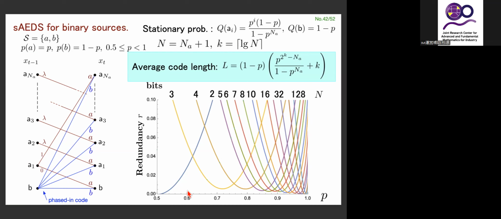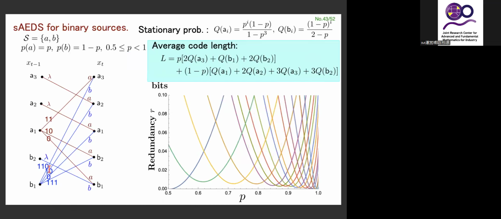Then, in this graph, the horizontal axis represents P, the probability of A, and the vertical axis represents the redundancy, which is given by the average code length minus entropy. From this graph, this SAEDS can attain a very small redundancy for every P except this region. So to improve this region, we consider another SAEDS.